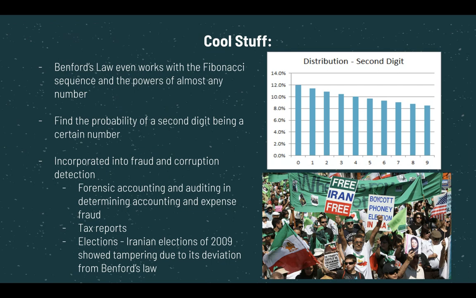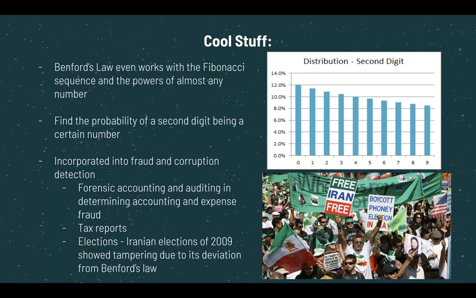Okay. So some really cool stuff is that Benford's law even works with the Fibonacci sequence and the powers of almost any number, which I think is really cool. The Fibonacci sequence just seems like something that is mathematically sound, but it still follows this law for some reason.